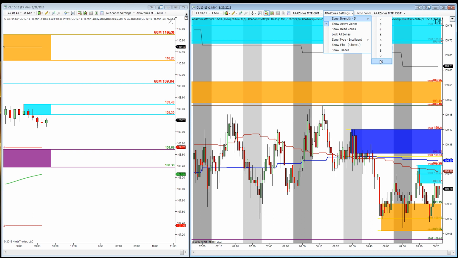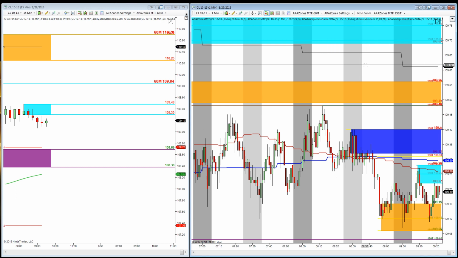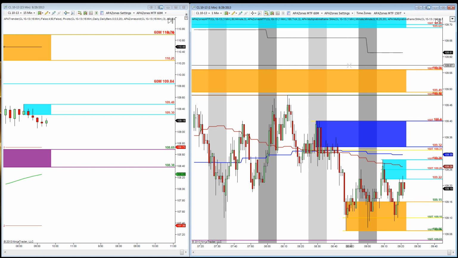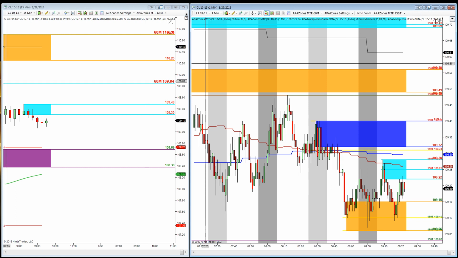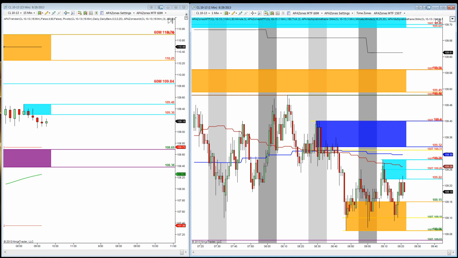But the drop-down menu only has to 10. So I found most people only use those few settings from 2 to 10. And notice you cannot select one. It's a physical impossibility. So just so you guys know. So hopefully that answers your question there.